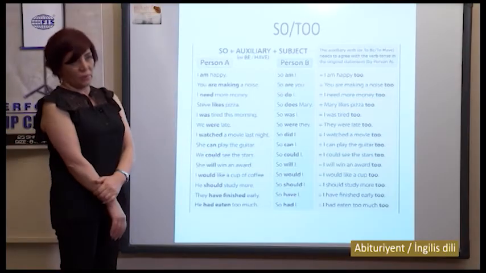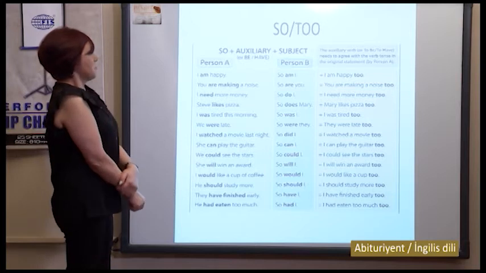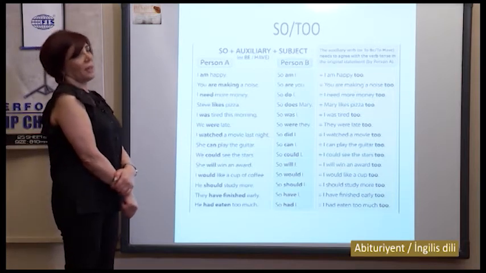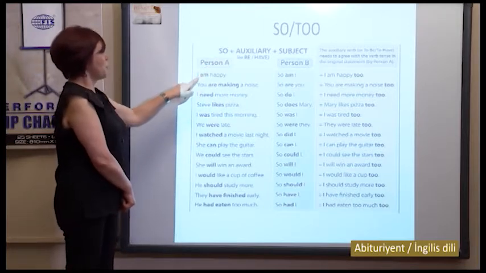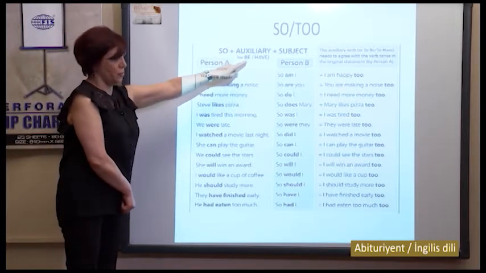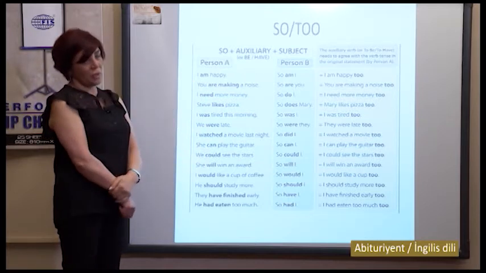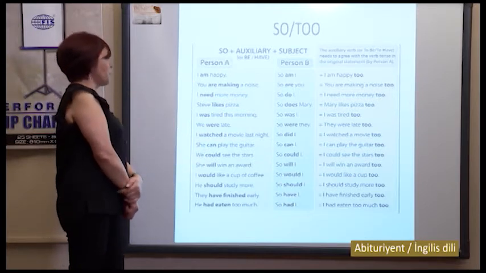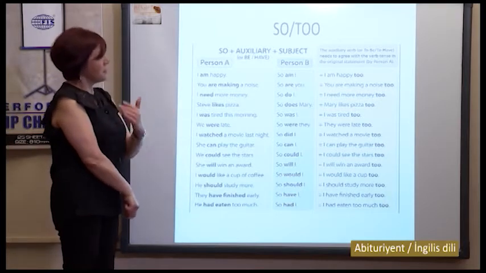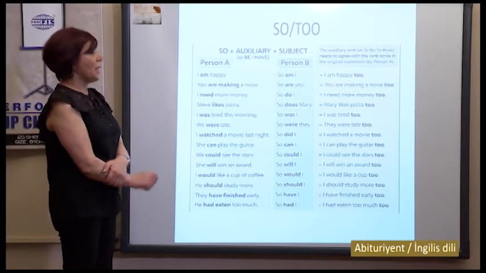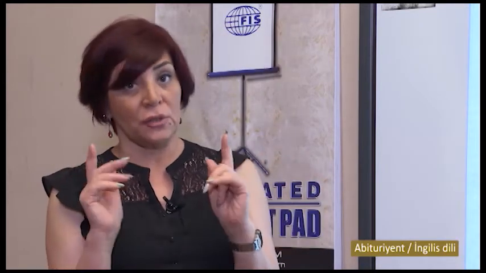Now, let us have a look. Someone says, "I'm happy." Here you see "am." Am is the first person singular form of "to be," and its yes/no question is formed by putting "am" at the beginning of the sentence, and someone says, "so am I." Pay attention to the word order here. We don't say "so I am," but "so am I," as if it is a yes/no question, remember.